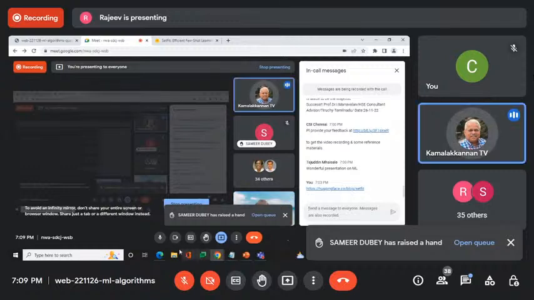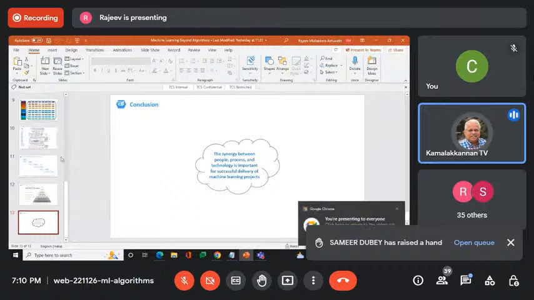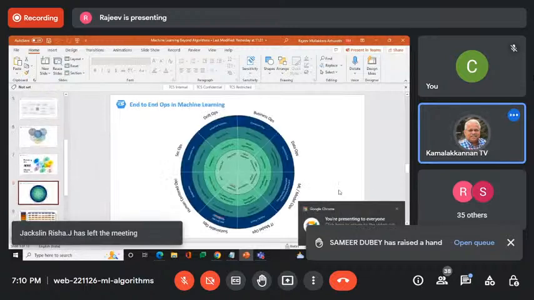Also, the way you dealt with the whole presentation was very practical. You did not delve through a library of algorithms, because there are so many in the world. People talk about them and debate about them, but you helped people navigate the practical way by which ML can be implemented. You started with the end-to-end ops. I like three of your charts. One is this end-to-end ops, starting from the business and wading through data and sustainability, the infrastructure.